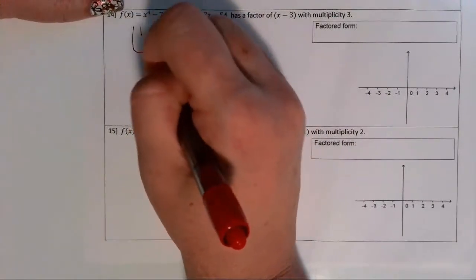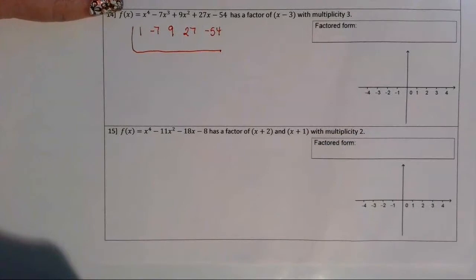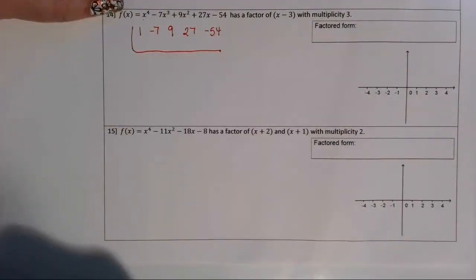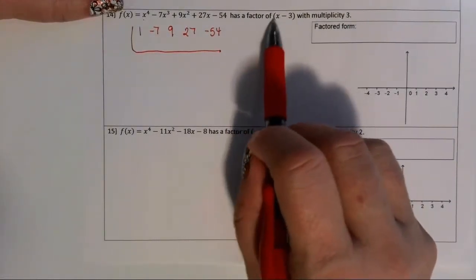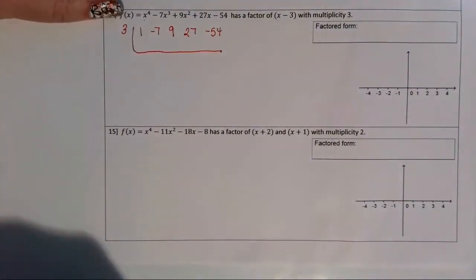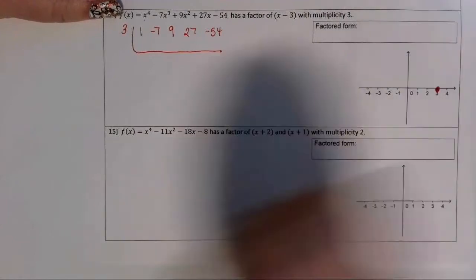Remember, when we're doing synthetic division, we list our coefficients in order from highest exponent term down to the constant. Our divisor, since this is a factor of x minus 3, is going to be a positive 3, and that corresponds to a 0 on the graph.